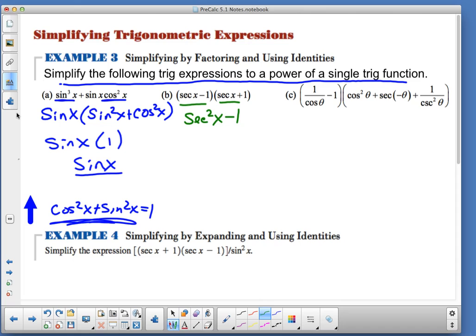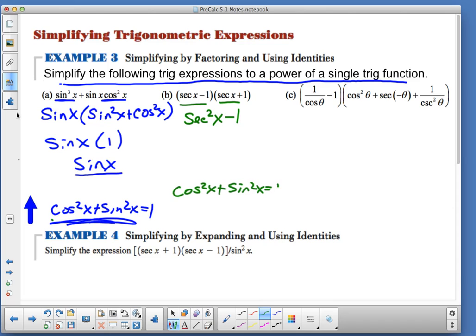Now, keep in mind, we just did one of the Pythagorean identities, and when I'm looking them over, I can derive the Pythagorean identities, and for secant squared, I can just divide by cosine squared x this original. So if I take the original and divide by cosine squared x, and I'm going to just do this so you can see what I'm doing just to remind you.